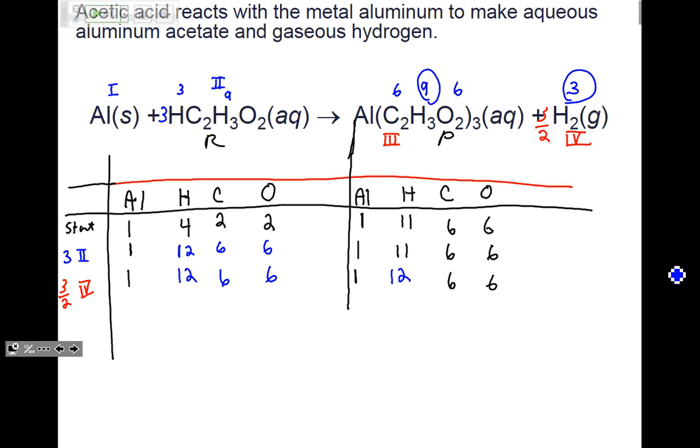Let's multiply the entire reaction by 2. That will get rid of that 2 in the denominator. But we can't just do H2, or we can't just do our final products. We have to multiply the entire equation by 2.